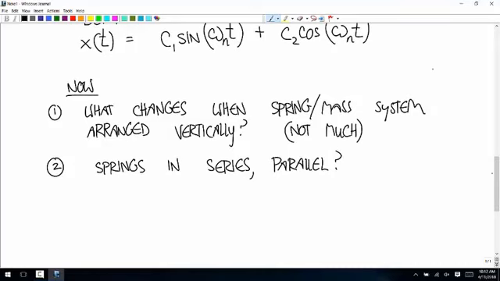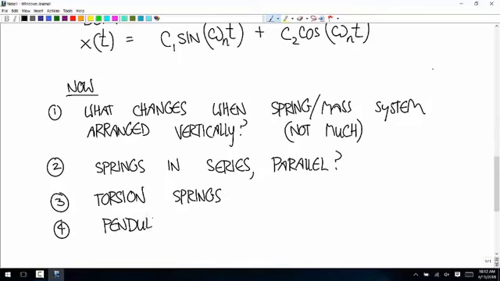Then I want to talk about torsion springs and pendulums. And those, then we will have covered all the main simple ways that these oscillations go. And then from there, we'll go into combining these different things into different one degree of freedom systems of oscillation.